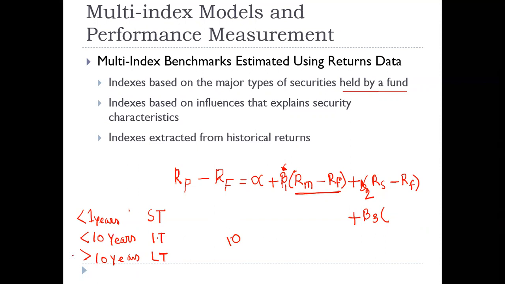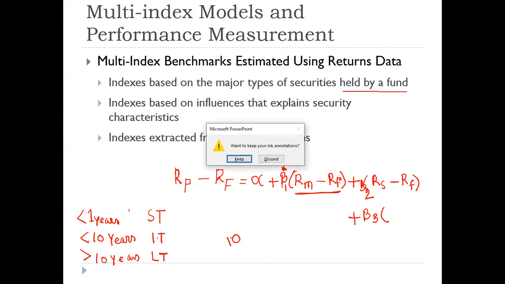So less than 10 years is intermediate, but if it is 10 years, then it is long term. So this is how corporate bond fund performance is measured and what kind of indexes are taken.